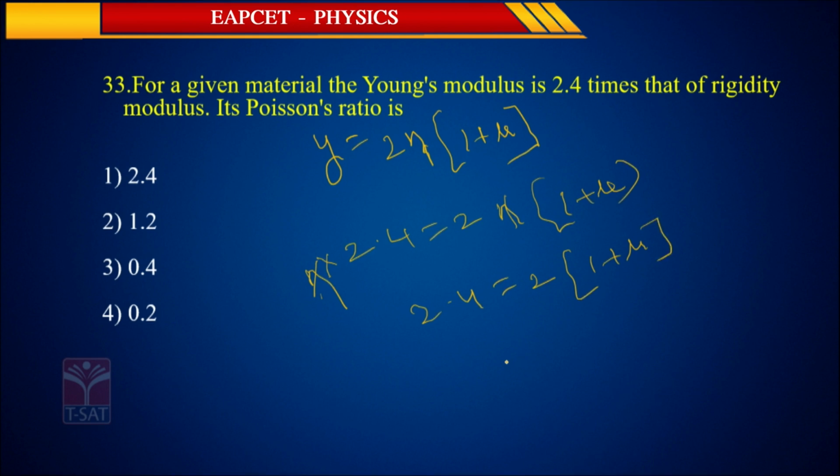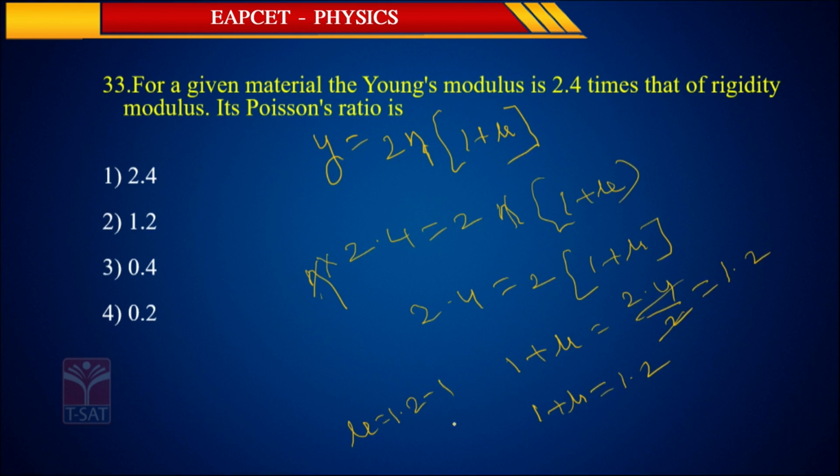Therefore 1 plus mu is equal to 2.4 by 2, that is 1.2. 1 plus mu is equal to 1.2, therefore mu is equal to 1.2 minus 1, which equals 0.2.